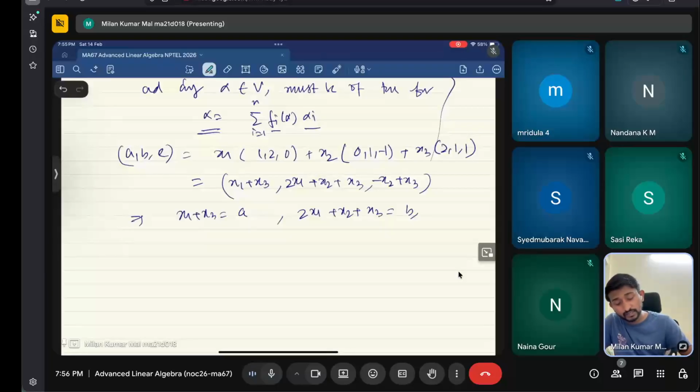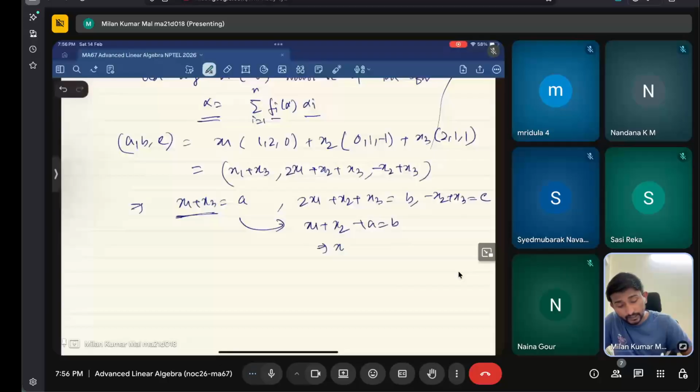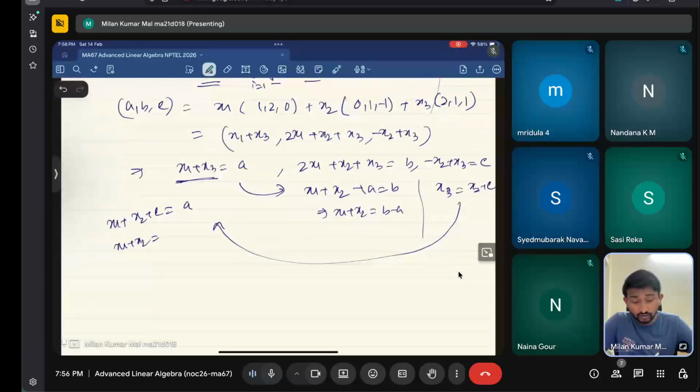If you replace this here, x1 plus x2 plus c equals a, so x1 plus x2 equals a minus c. Sorry, I have made some mistake. x3 equals x2 plus c, that's true. If you replace x3 with this, what may I get?